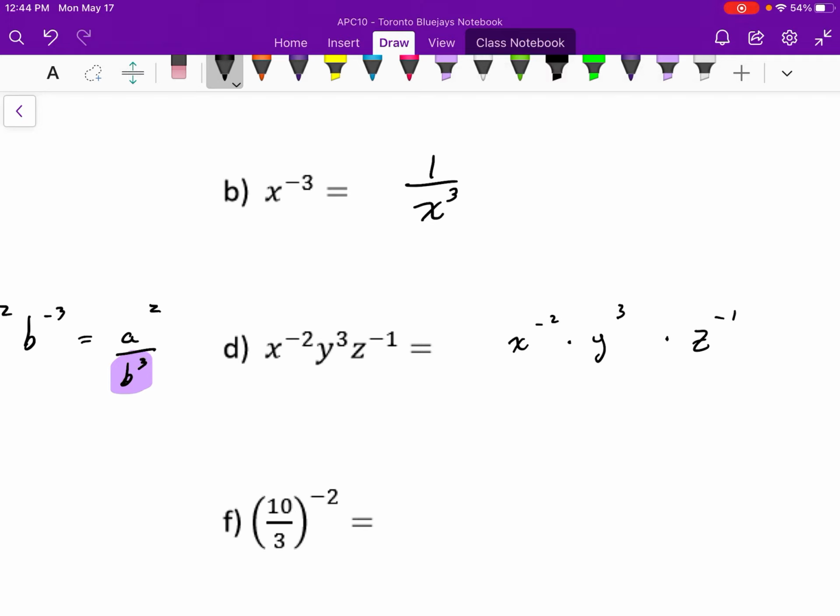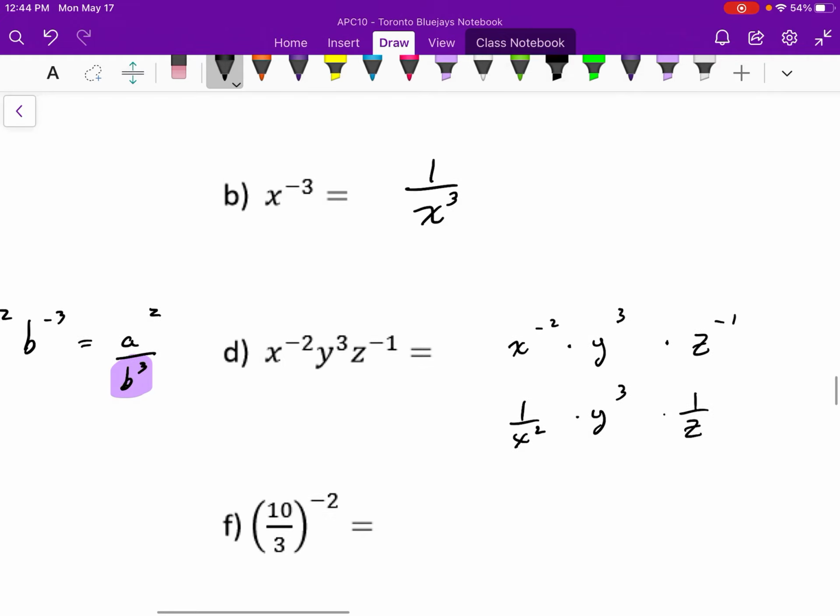And what I mean by this is really 1 over x squared times y cubed times 1 over z. And if we multiply these quantities, we are going to get y cubed divided by x squared times z. And often I would take away my dot product there, and that's how it would read. Step 1, step 2, step 3.